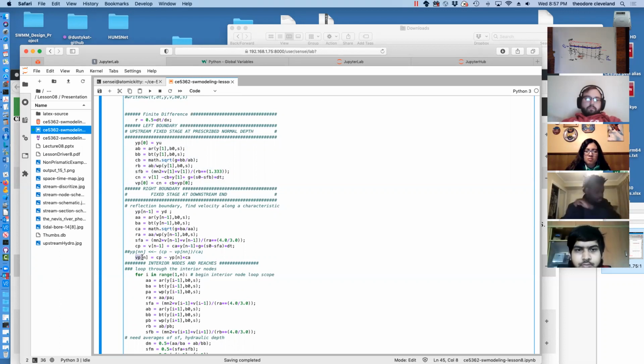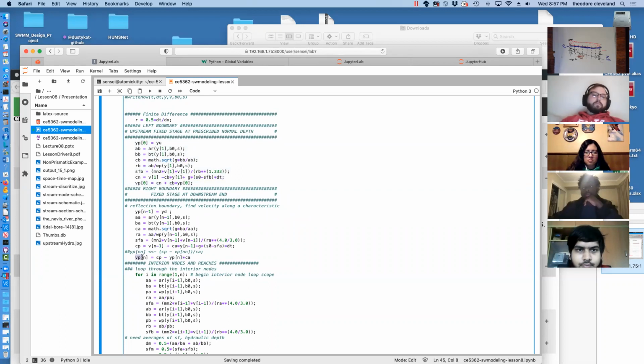So as boundary conditions go, these are the two easiest to manage. Because if we know depth and we know discharge, then velocity is pretty trivial to determine. Where it gets interesting is where that discharge term is changing with time.